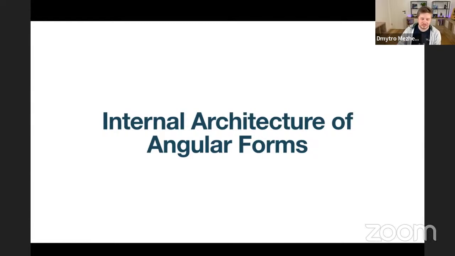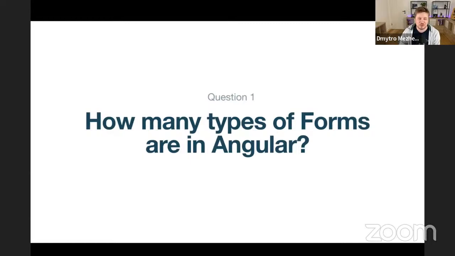Usually, I do this talk offline, and I start with a couple of very simple questions just to warm up. The first question: how many types of forms do we have in Angular? Usually we raise hands offline, but here, if someone is watching us, you can drop your answers into the comments.